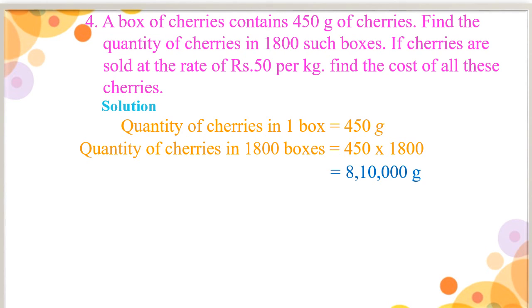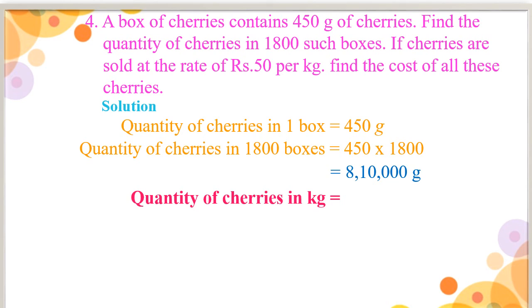10,000 gram. Now quantity of cherries in kg, because they are sold cherries in kg, isn't it? So per kg 50 rupees. Now we know total measurement in gram. Now we want to convert it from gram to kilogram. That means divide by 10 at each interval. There are three intervals.